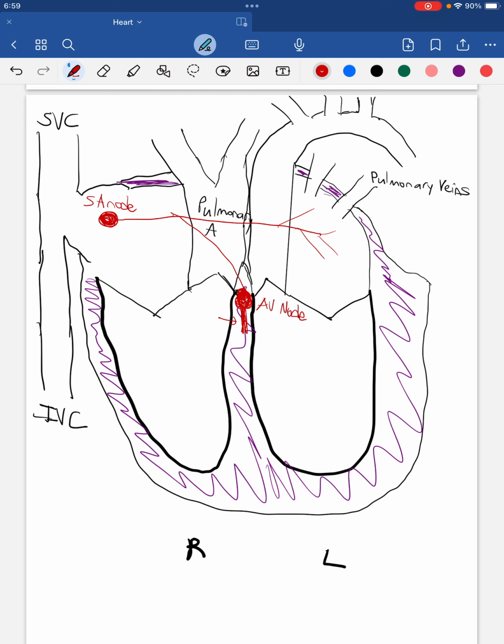It's right here. We're going to call it bundle of His. That branches off into right and left bundle branches. So we'll just say bundle branches.